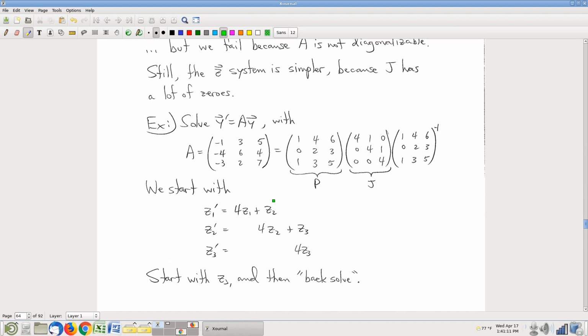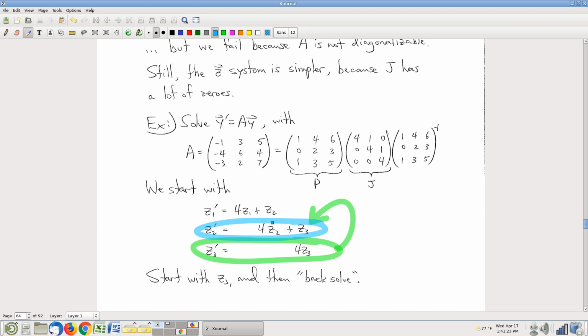You look at these three equations here, and that last equation is decoupled. Once you find that solution, then you know everything that you need to know to solve that equation. I mean, it's tedious, but you can totally do it. And once you know that, then you know everything you need to know to solve that equation.